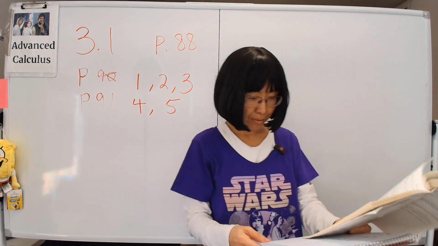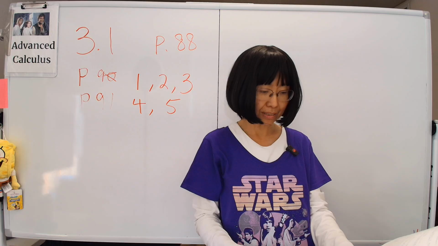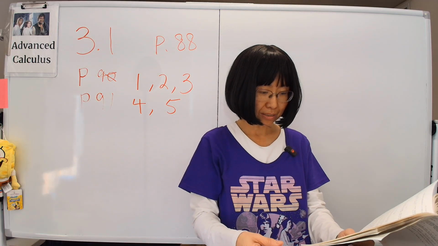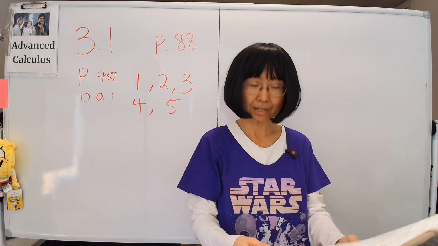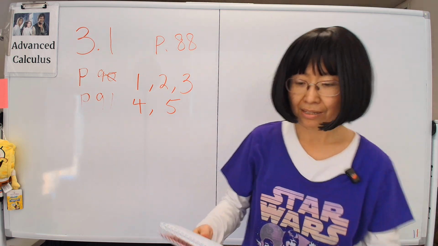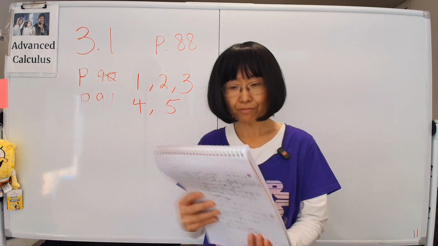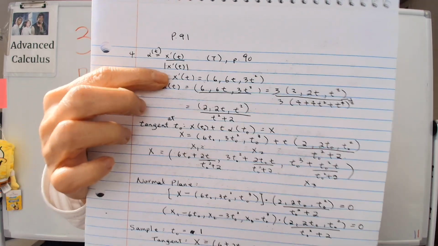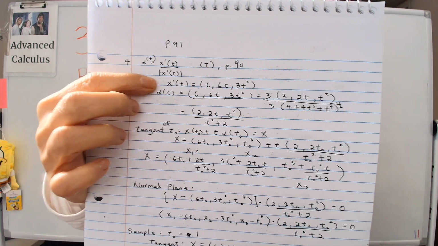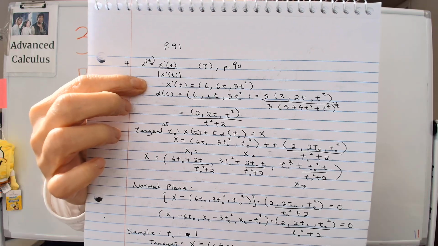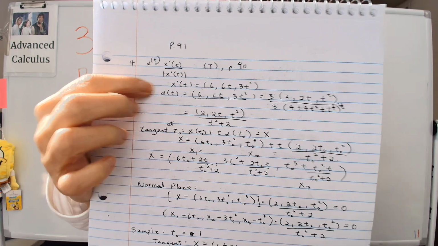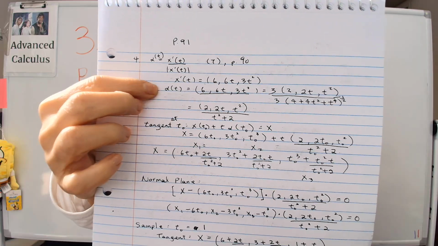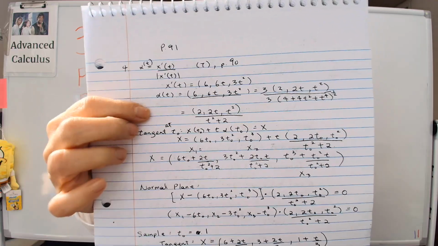Next, let's look at problem 4, where we're supposed to find the equation of the tangent line and the normal plane for the curve in problem 2. So I went ahead and followed the formula like it says. Alpha, of course, equals x prime of t over the magnitude of x prime of t, and x prime of t is this thing, which means alpha is that thing divided by its magnitude, which is fine.